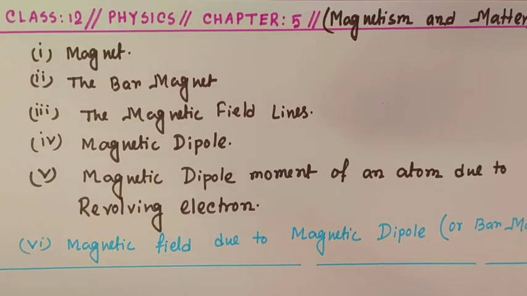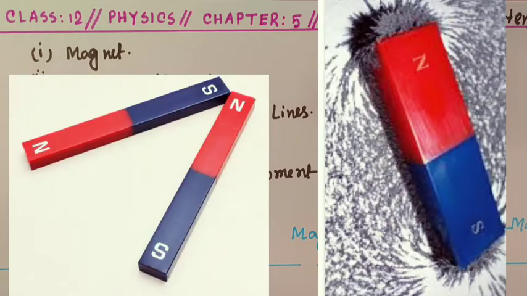So what is a magnet? A naturally occurring ore of iron, magnetite, attracts small pieces of iron towards it. The phenomenon of attraction of small bits of iron, steel, cobalt, nickel, etc. towards the ore is called magnetism.